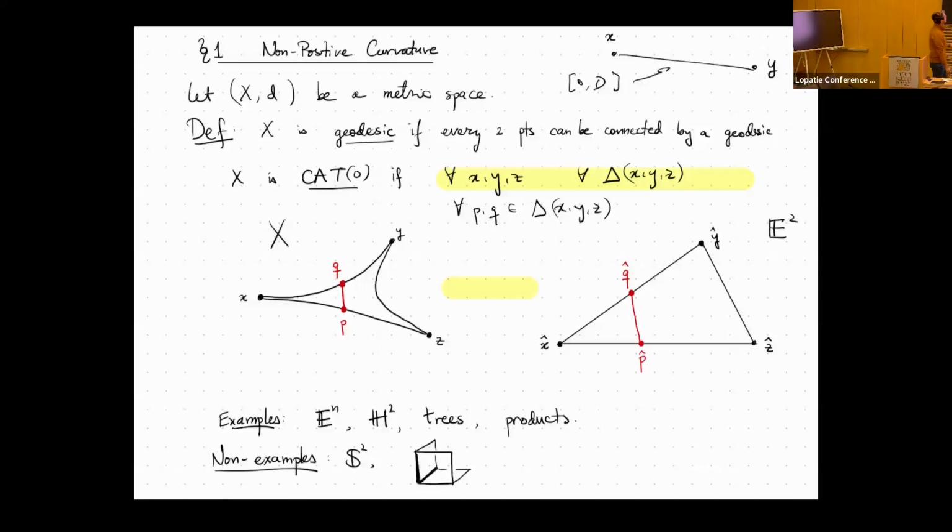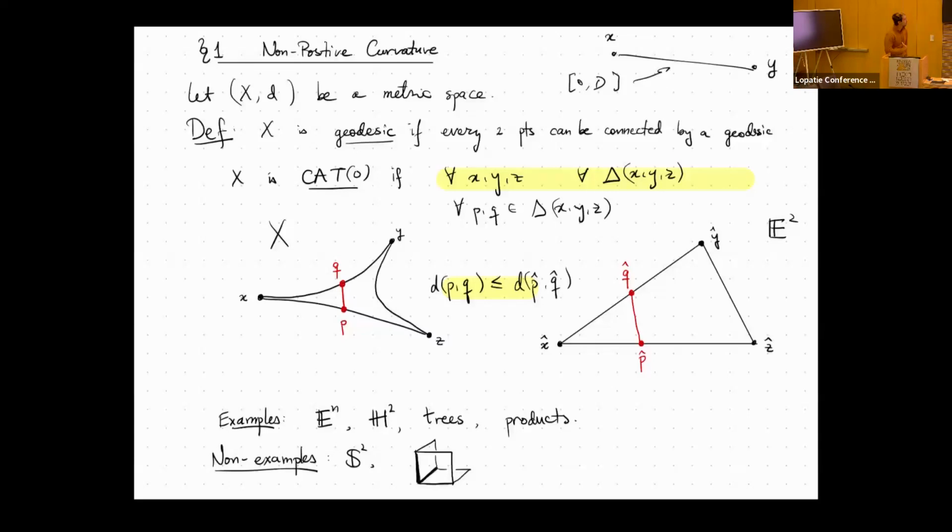Since P and Q sit on some geodesics, I can take the corresponding points in Euclidean space, meaning the points with the same distances, as P is to x, P hat should be to x hat. And now the condition is that the distance I measure in X is at most the one I measure in Euclidean space.